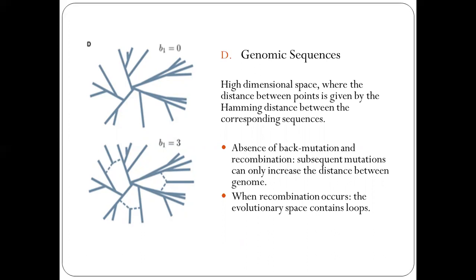On the other hand, when recombination occurs, the evolutionary space contains loops. The Betti number here changes from B1 equals 0 when there were no back mutations or recombinations to B1 equals 3 when some loops were formed after recombination events.